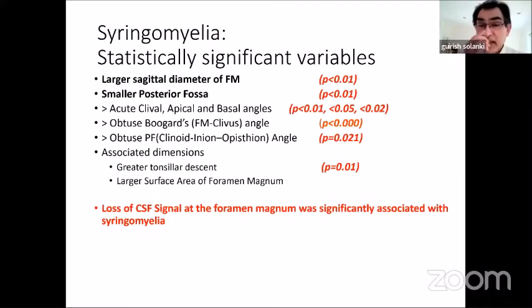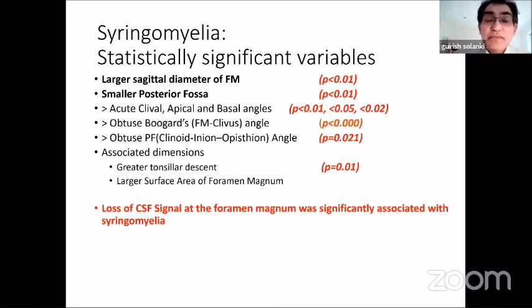And we can also identify the likelihood of a syringomyelia, for example, by looking at the craniometric measurements in the posterior fossa, which we did here in Birmingham. And you can see the statistically significant variables, like small posterior fossa, the larger sagittal diameter of the foramen magnum, then the presence of obtuse posterior fossa angle, or the Boogard's angle, which is the line between the clivus and the opisthion.